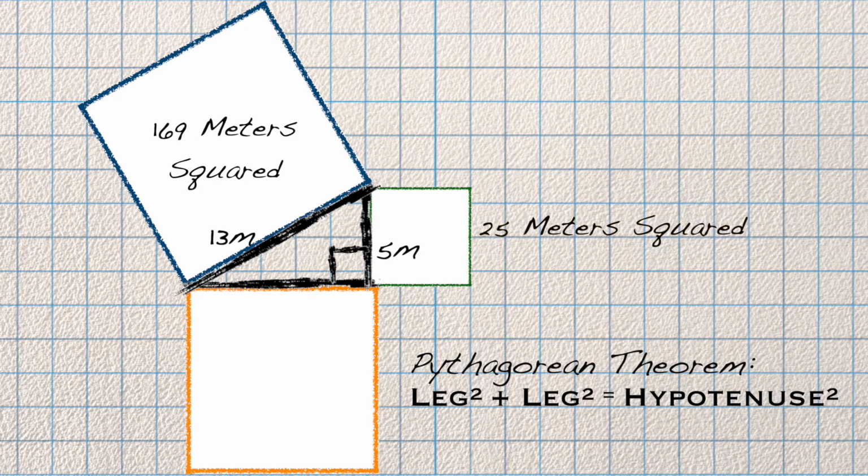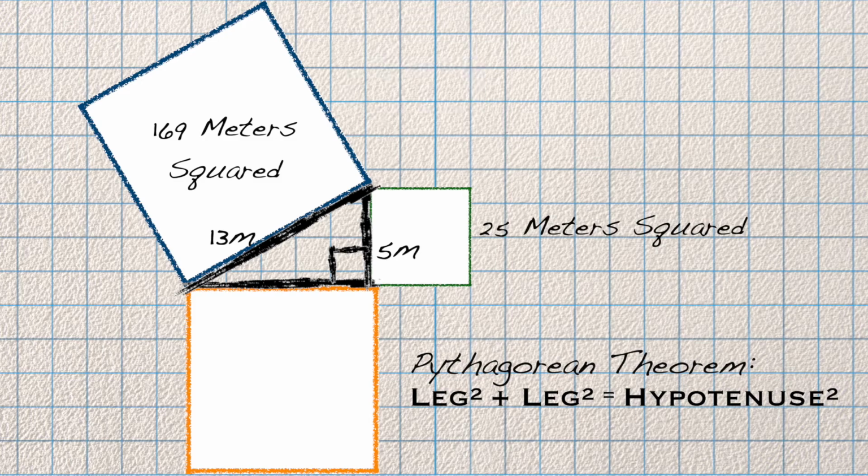Now, we know that if we add the areas of the squares that have a side as the leg of the triangle, we will get the area of the square whose side is the hypotenuse. But we only know the area of one square, which has the side as the leg of the triangle, and another square whose side is the hypotenuse.